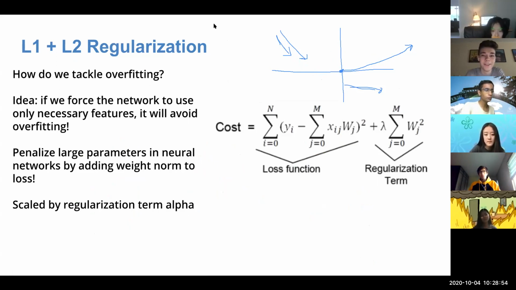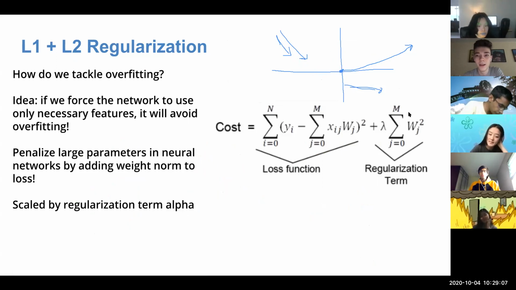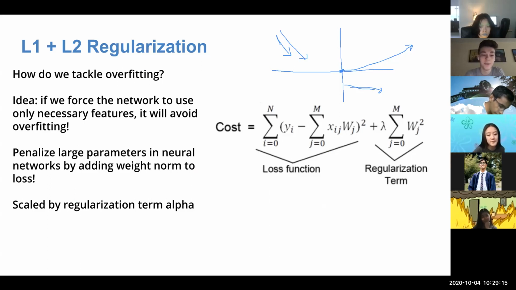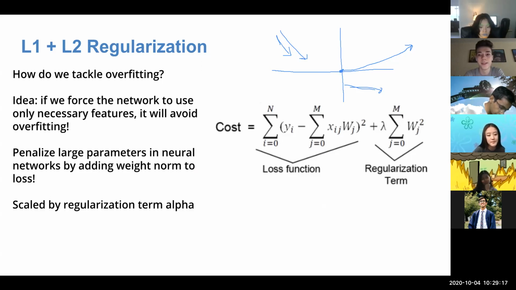I guess the first thing you might notice is that L1 and L2 is also the name of loss functions. You're going to be like, why is it the same name? It's because you're taking the absolute value or squaring your weights. The main idea of regularization is that if we force the network to use only necessary features, it'll avoid overfitting.